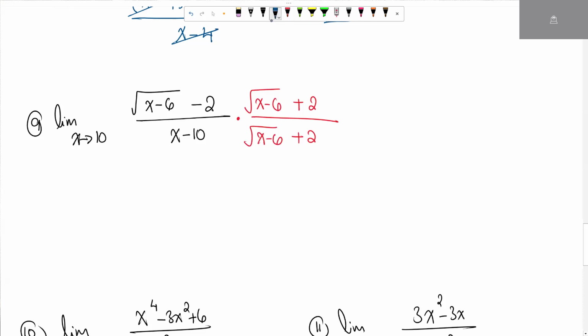And then for the numerator, the normal parts that are the same, we're going to put this one to the power of 2, which will give me just x minus 6, and then this one to the power of 2, which will get me a 4. And it's always minus in between. For the denominators, the parts that are not the same, we just put them in brackets next to each other.